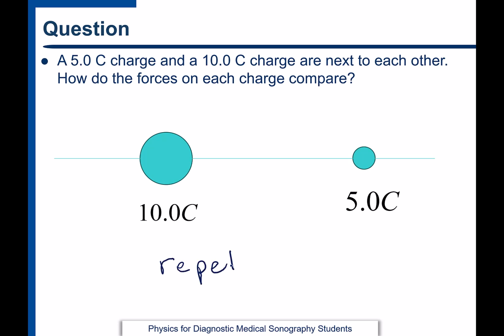The question, therefore, is the force on the 5 Coulomb charge different than the force on the 10 Coulomb charge? So is this force and this force, are they different? Well, let's leave that question for a minute. Just to give you a hint, we've covered something earlier in the course which should give you the answer.